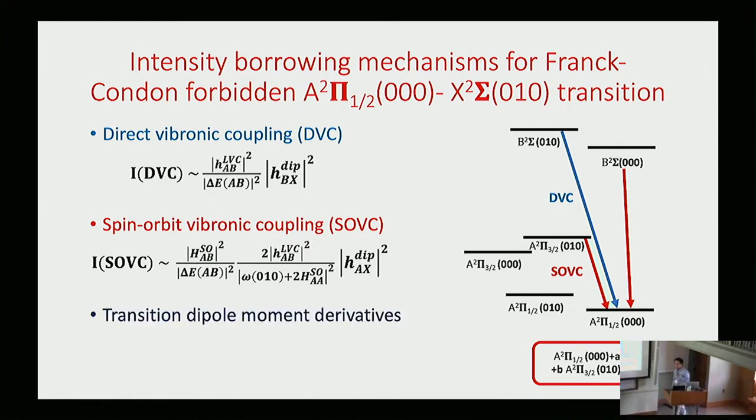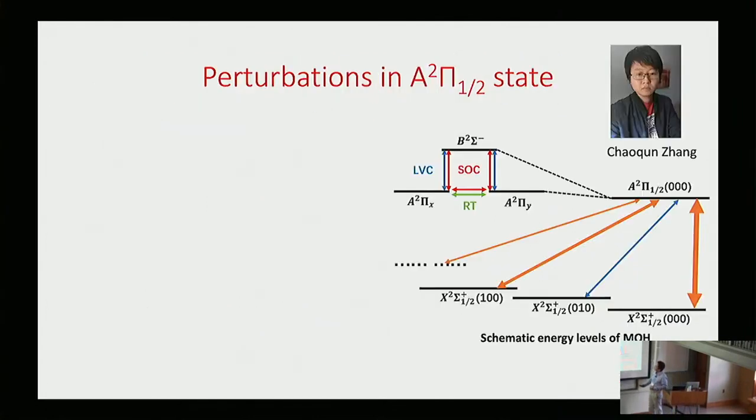There is also a contribution from the non-Condon effect beyond the Condon approximation. So we can have the derivatives of the transition dipole moment, and this breaks the symmetry. So this can also contribute to the transition into the forbidden transitions. And we will come back to this a little bit later.